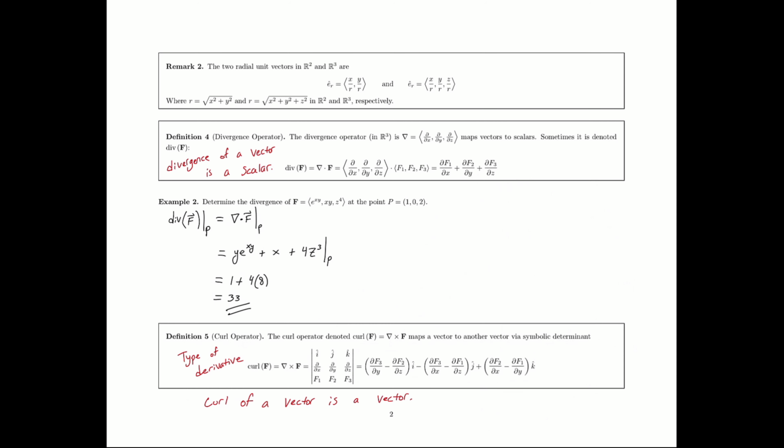And not only that, it also tells us what the axis of rotation is. If the vector is very short, then it might not be rotating very much, but it still has a little bit of rotation. The length of the vector tells us it's not a lot, but the direction of the vector tells us the orientation, the direction of the axis of rotation.